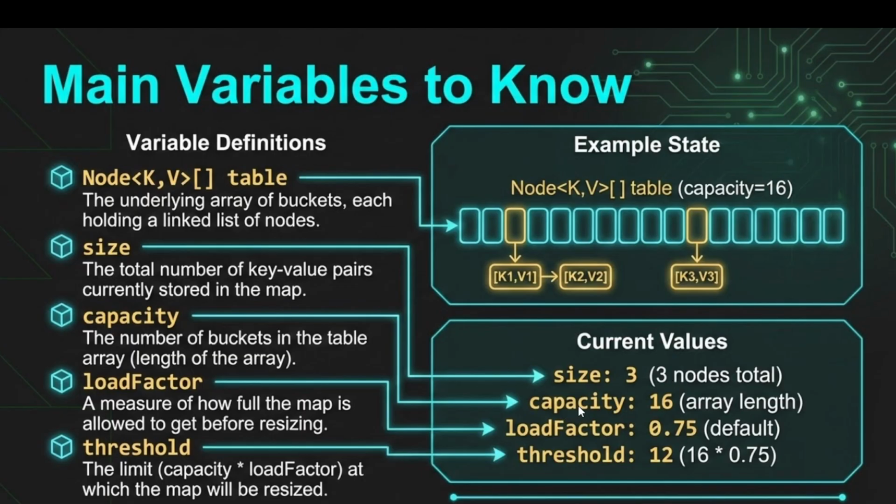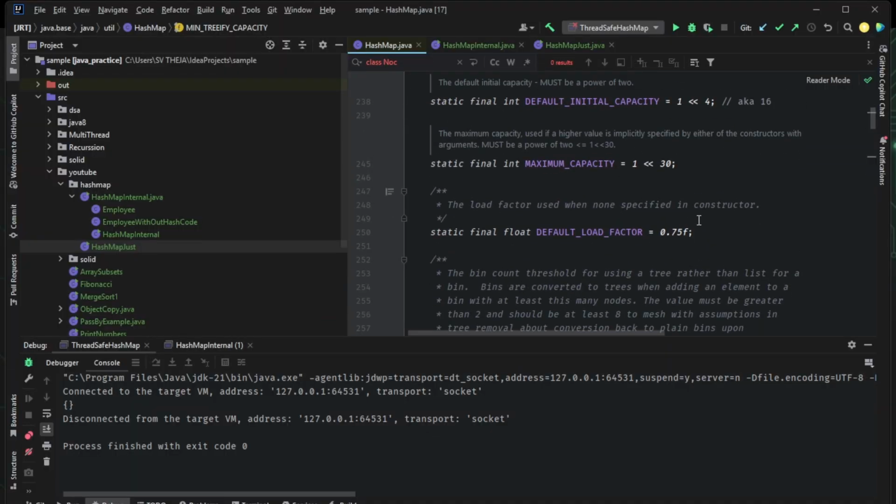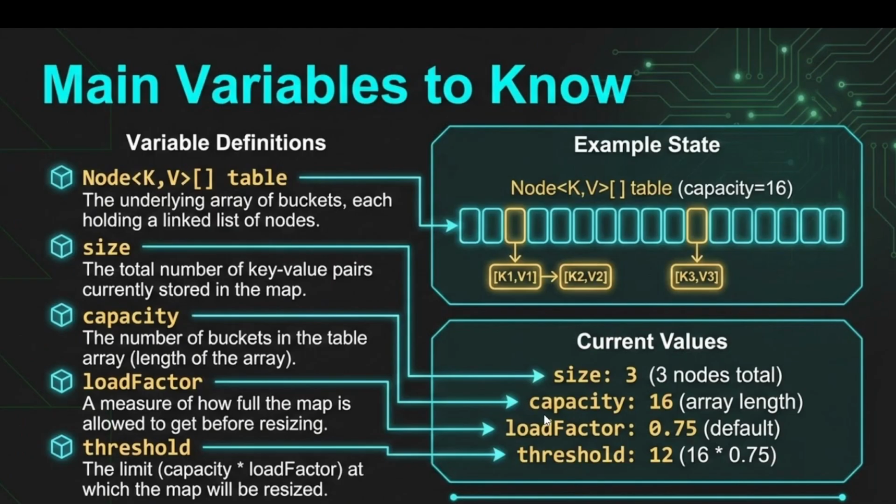And the capacity, as we see, is the initial capacity of 16. Then the load factor and the threshold. The threshold will be calculated: the load factor is 0.75, so 16 into 0.75, the threshold will be 12. What the threshold is, we will also be discussing.